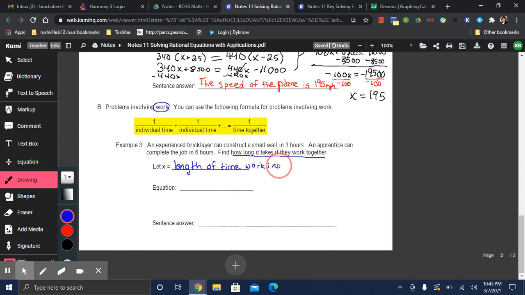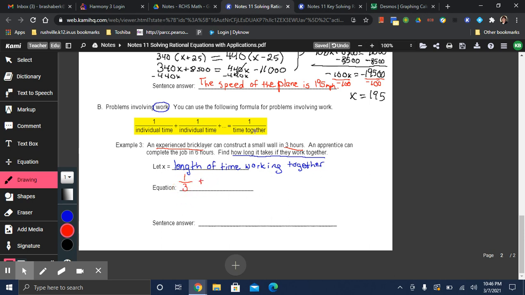And I have a formula that I've highlighted in yellow for us to use with work problems. So you find your first individual. In this case, it's the experienced bricklayer. And the experienced bricklayer takes 3 hours. So that's my first fraction, 1/3, plus.